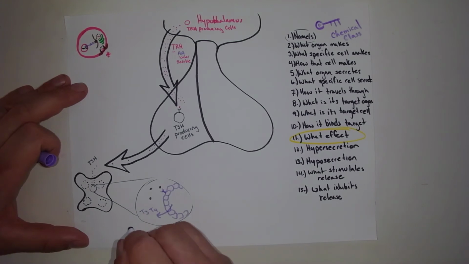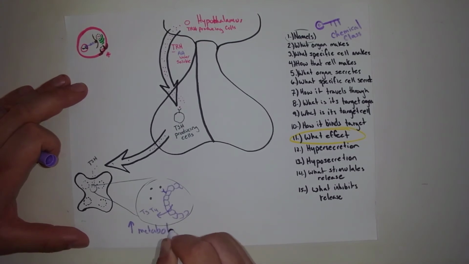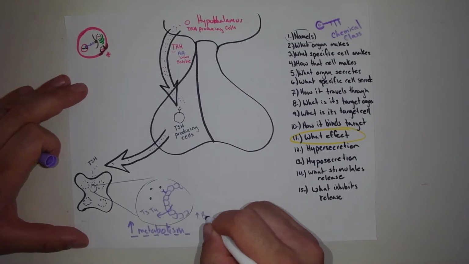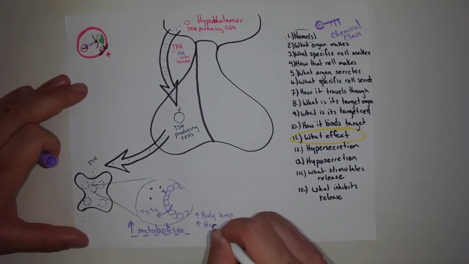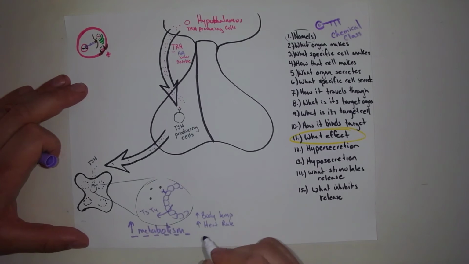And what they do is they're going to increase metabolism. Now, I could find volumes of textbooks about what these things do. They have many, many different effects throughout the body. What I'm going to hold you accountable for is anything that resembles increasing metabolism, increasing body temp, faster heart rate, more cellular energy, increase in ATP production.